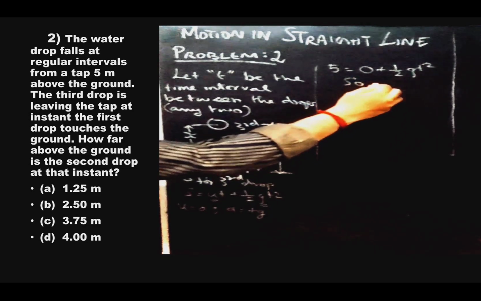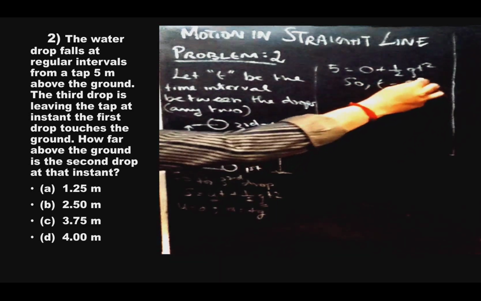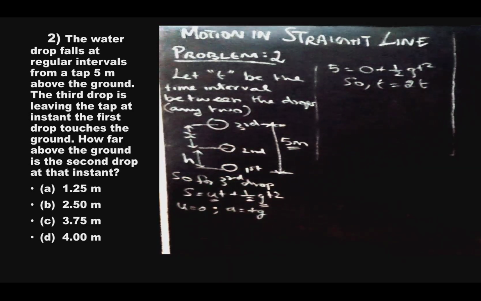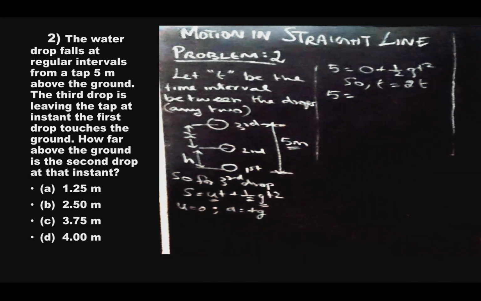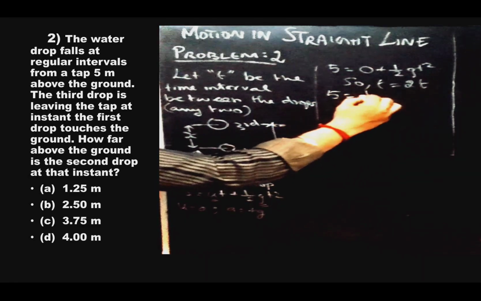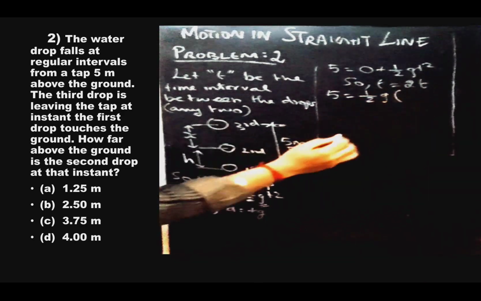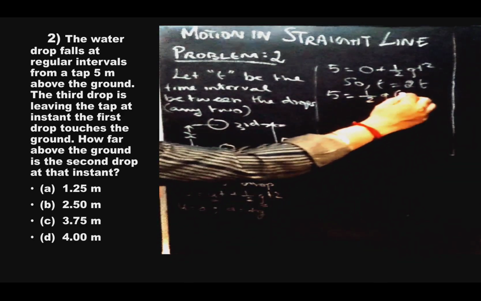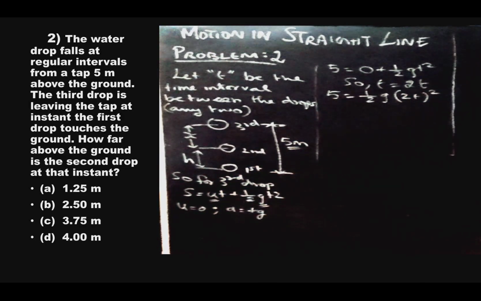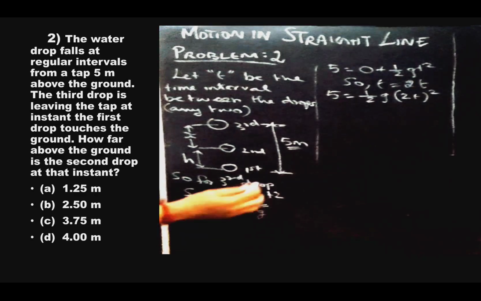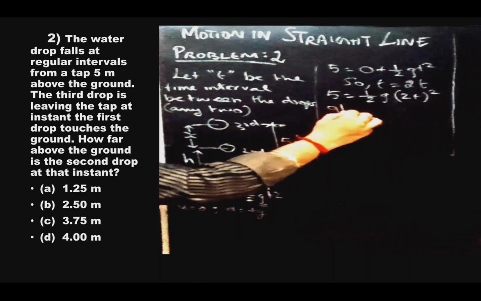Therefore 5 is equal to half into g into, instead of t, I substitute 2t the whole square. So half into g into 2t the whole square. Now I am just rearranging the expression.